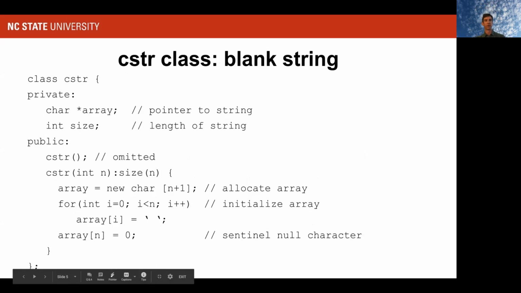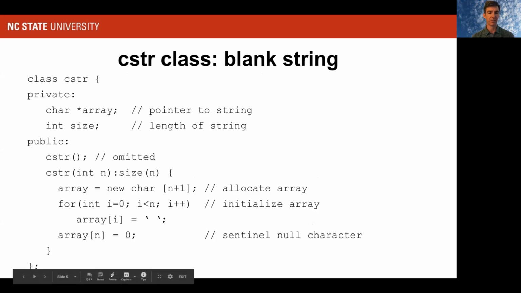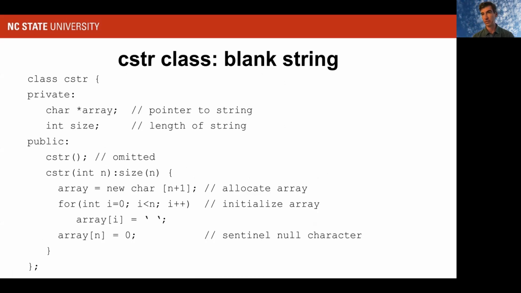Okay, I also want a constructor that will set my C string to be a long blank string. And so the way I can do that is by passing an integer into my constructor. And then I'll use new to allocate a character array that's size plus 1. And the reason I need to add 1 is to make space for the null character.